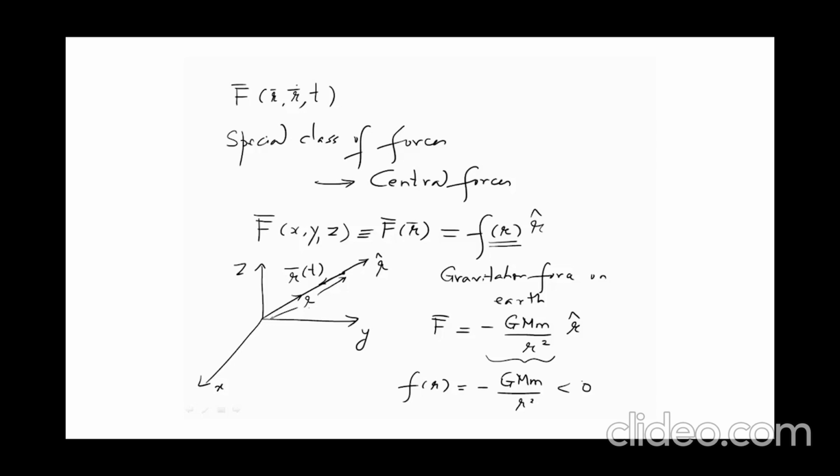A second example is that of a charge capital Q which is held static at the origin of a coordinate system. At some distance r, there is a charge small q.